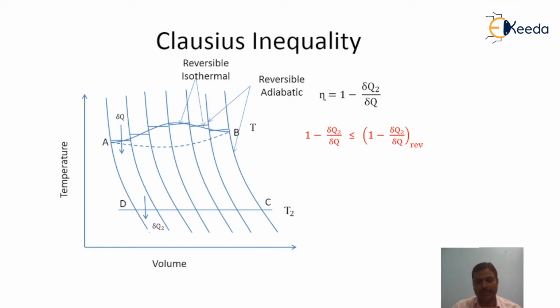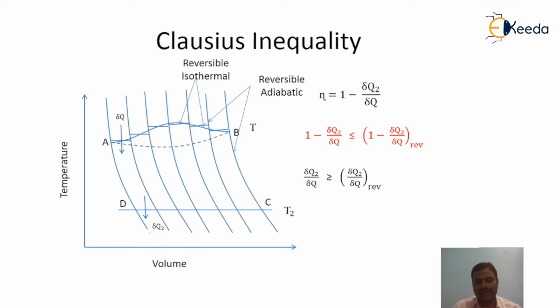By removing 1 and minus symbol on both left and right hand side, that can be reduced to delta Q2 divided by delta Q is greater than or equal to delta Q2 divided by delta Q reversible.